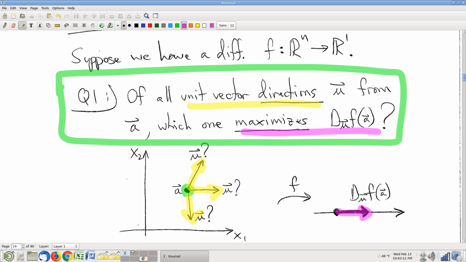Now, this, I think, is a good opportunity for me to explain why we would restrict our attention to unit vectors. Because if someone were to tell me while I am out in the woods, cold, trying to figure out which way to run to get warm as soon as possible, run faster, well, yeah, I know.